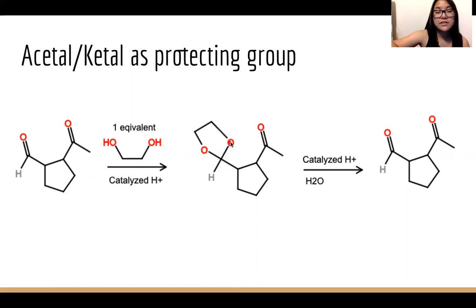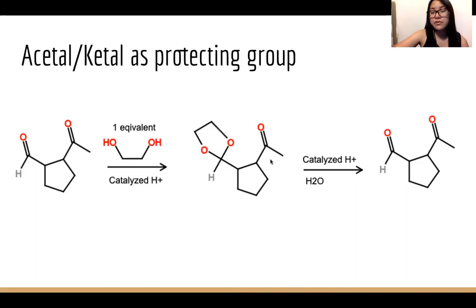So this leaves the aldehyde capped. Remember, the purpose of protecting groups is to put a cap on a specific portion of the structure so that it is no longer reactive and you can go through with another reaction. So we put a protecting group on the aldehyde, and so the aldehyde is now capped, leaving the ketone still able to react in another reaction.